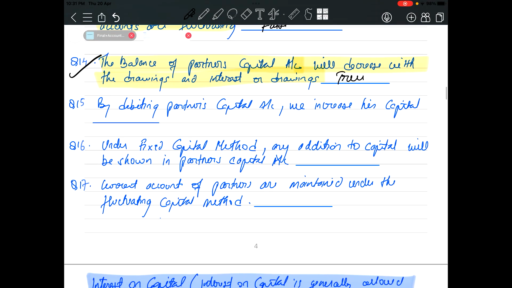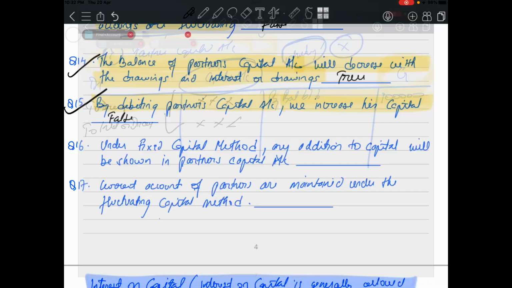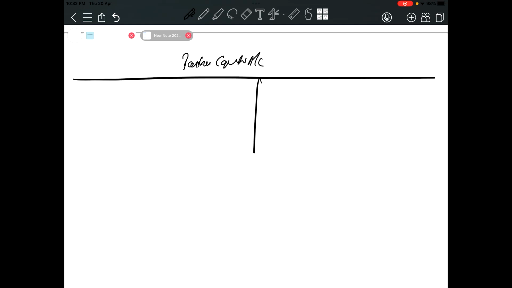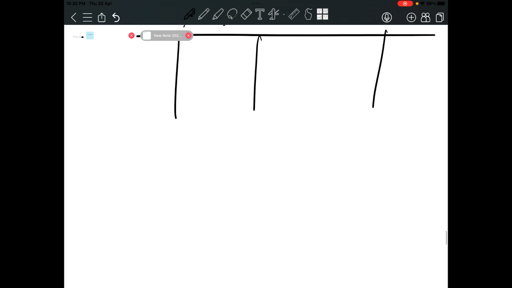Now come to question number 15. By debiting the partners' capital account, we increase his capital. Is this true? This will be false. Why will this be false? See, when you prepare the partners' capital account and cash is introduced, what will be the journal entry?